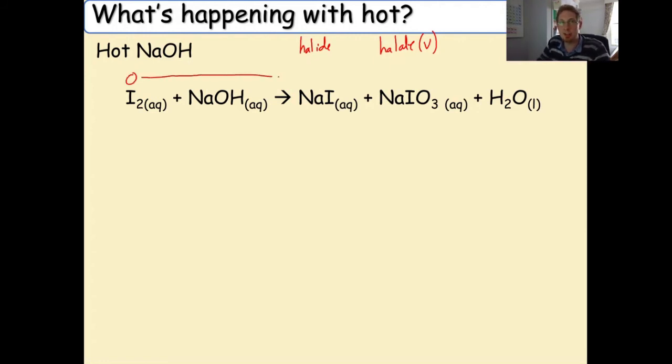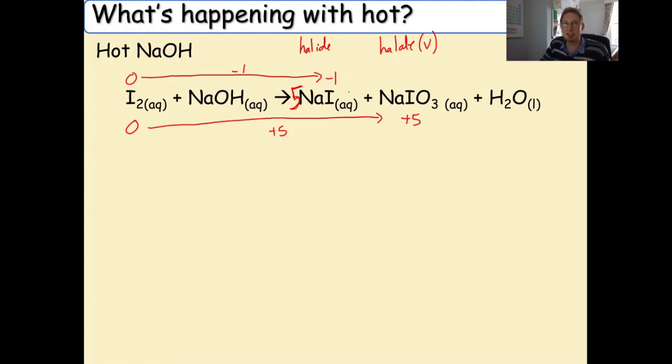Iodine going from oxidation state 0 to -1, that's going down 1, going from 0 up to +5 in the halate(V), so that's going up 5. So therefore, to make these balance, you need to have 5 times as many of these as you do of these. So presume you've got 1 of those and 5 of those.